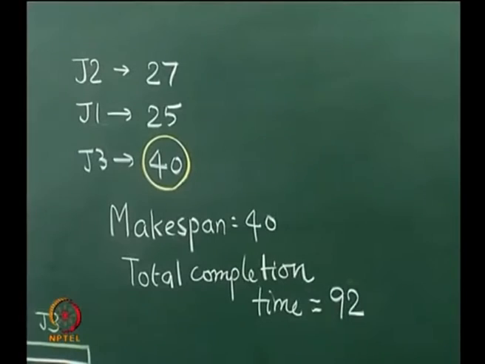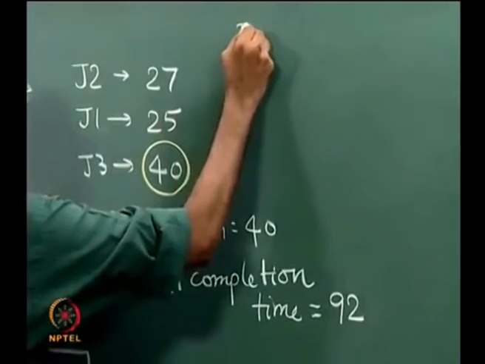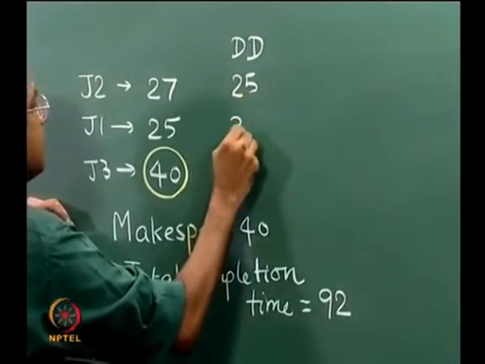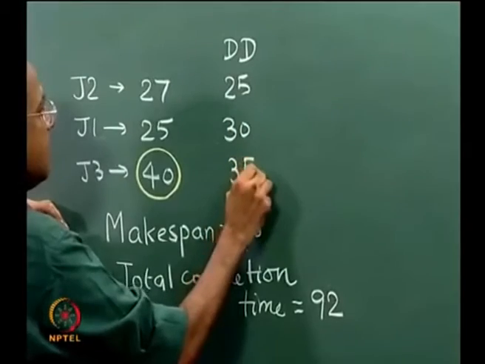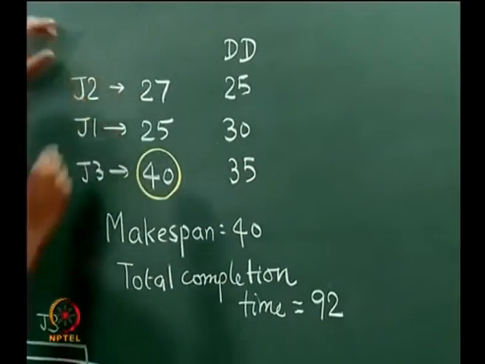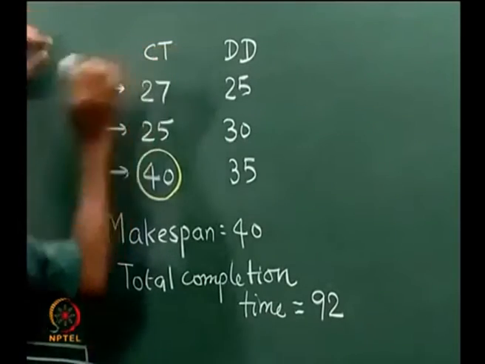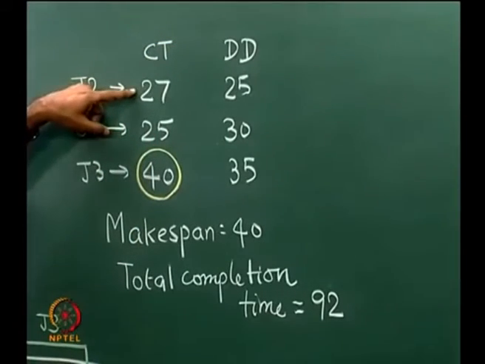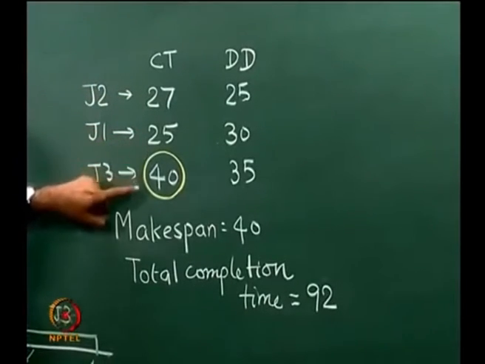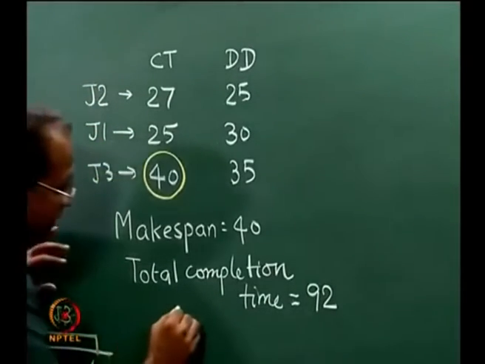Now, if each job has a due date, and if the due dates for the jobs are say 25, 30 and 35, then this is completion time. So, this is tardy with tardiness equal to 2, this is early, this is tardy with tardiness equal to 5.